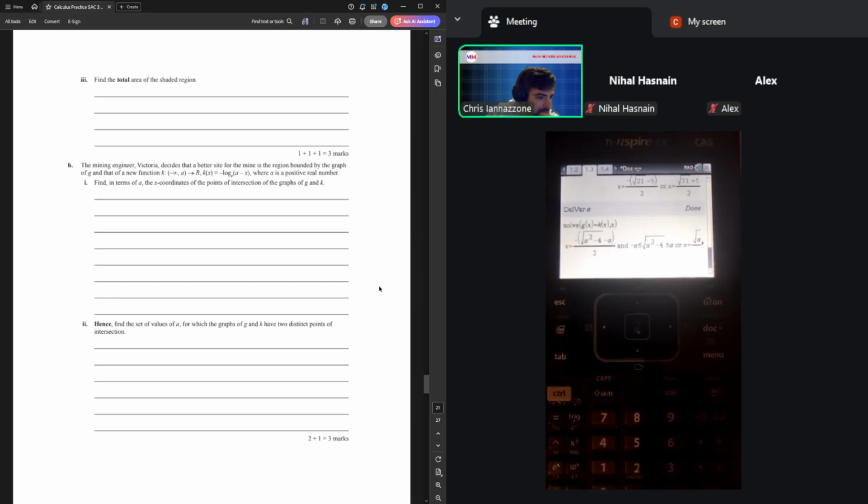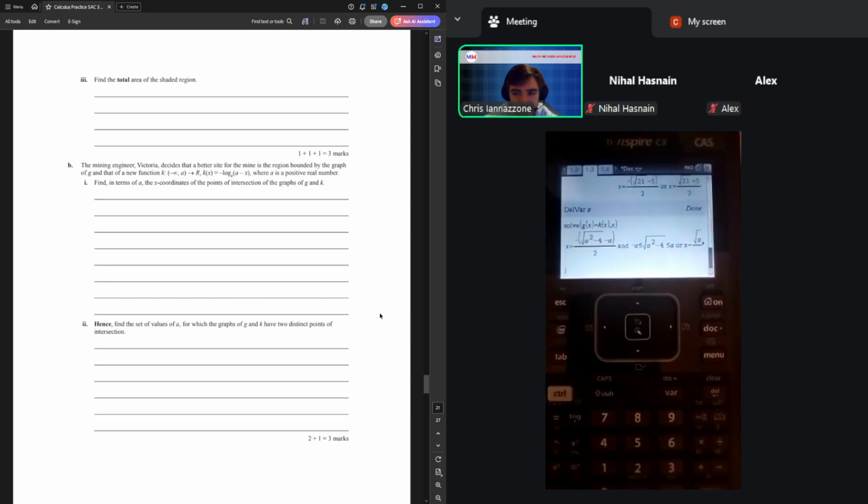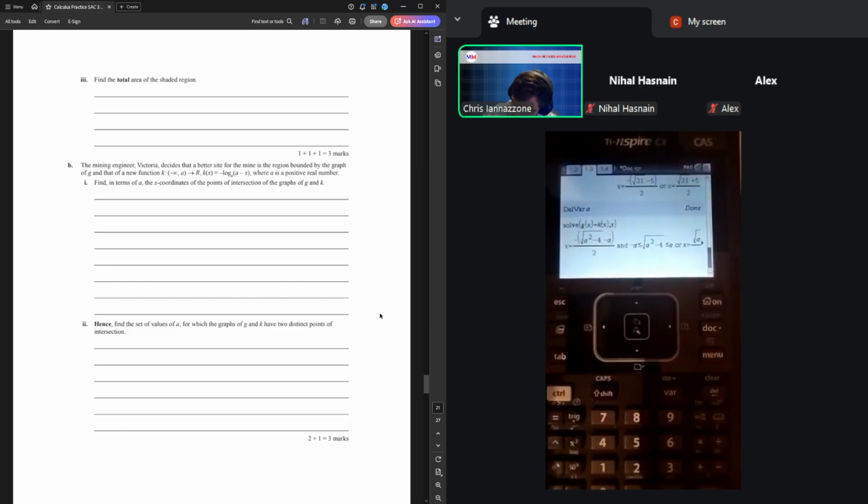Hence, find the set of values of a for which there are two distinct points of intersection. We explored that a little bit, I think, actually. We might have even found the breakpoint. But we wouldn't necessarily rely on the graphing tool. It can be a bit hard to say whether we found that breakpoint.